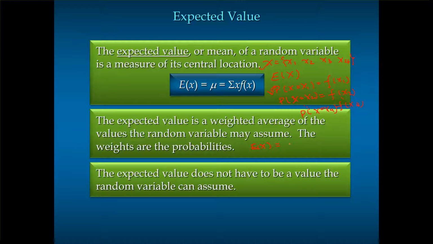Given this formula, the expected value of x is equal to x1 times f(x1), plus x2 times f(x2), plus x3 times f(x3), plus x4 times f(x4). That is how we calculate the mean. In the following slide, we will see another example showing how you can get the probability.